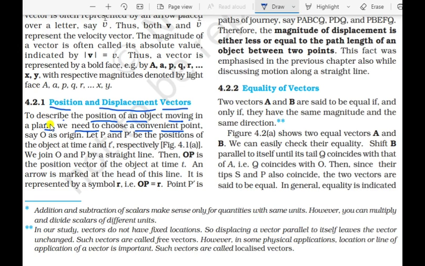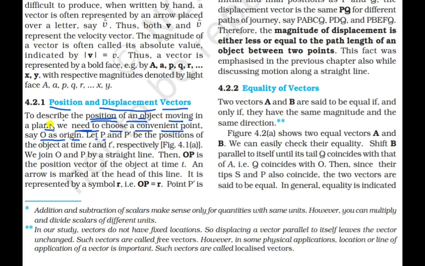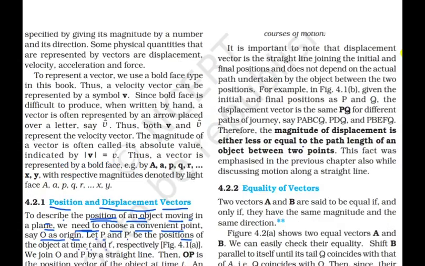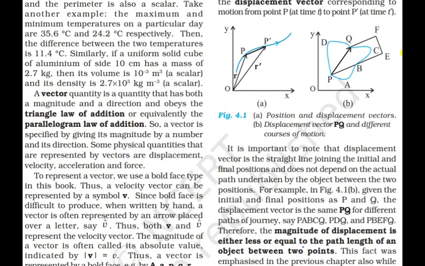So to describe the position of an object moving in a plane, we need to choose a convenient point, say O as origin. Let P and P dash be the position of the object at time t and t dash. Here is the picture.